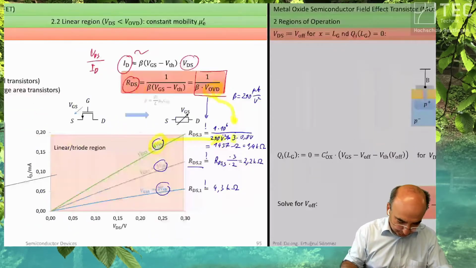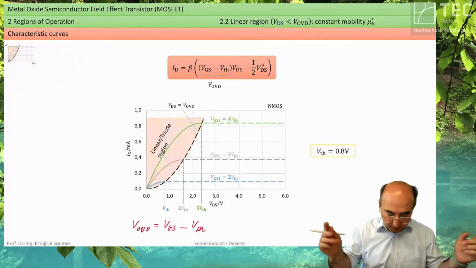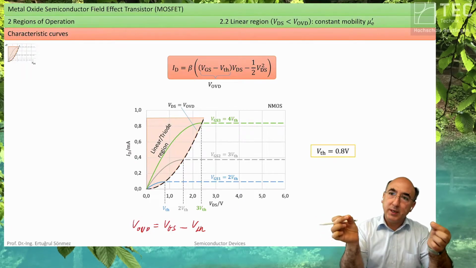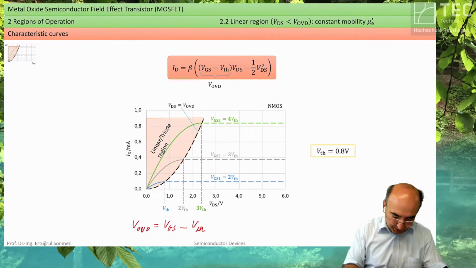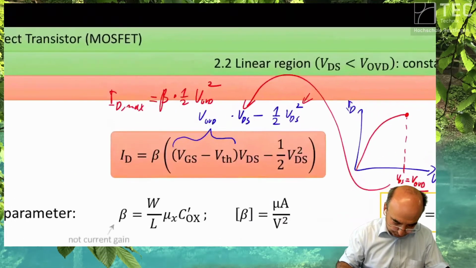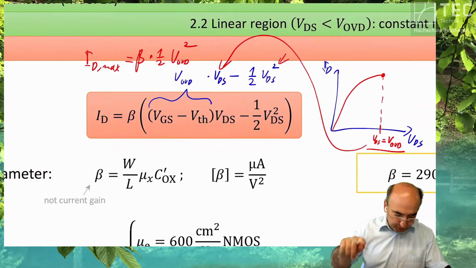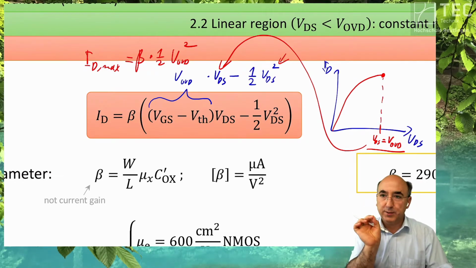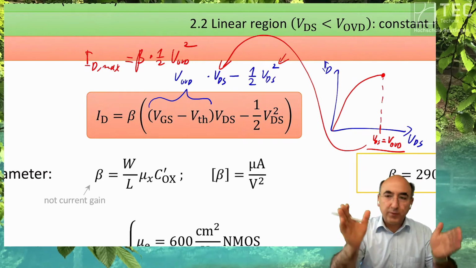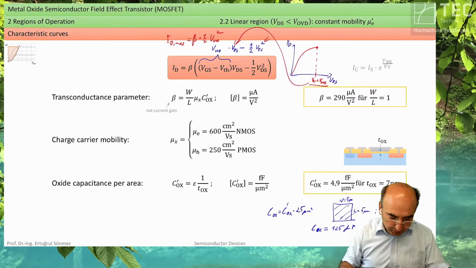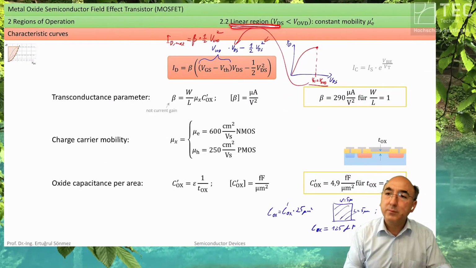Because, now, don't get confused, I'm linking one point with another point. What happens if you decrease the length of a MOSFET and you are in the linear region?